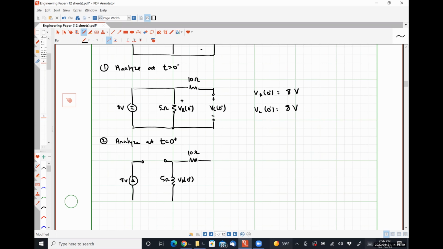Here's our 10-ohm resistor. And at exactly t is equal to 0 plus, since the capacitor voltage cannot change abruptly, we know that if it was 8 volts at 0 minus, it must continue being 8 volts at 0 plus. So I'm going to represent this capacitor by an 8-volt source. So it'll have the same voltage and the same polarity as VC at 0 minus, telling me that it did not change.